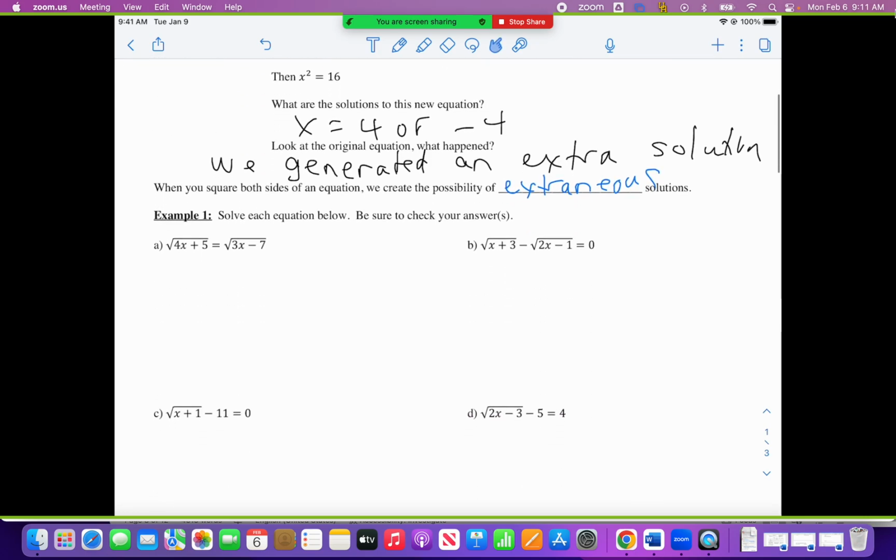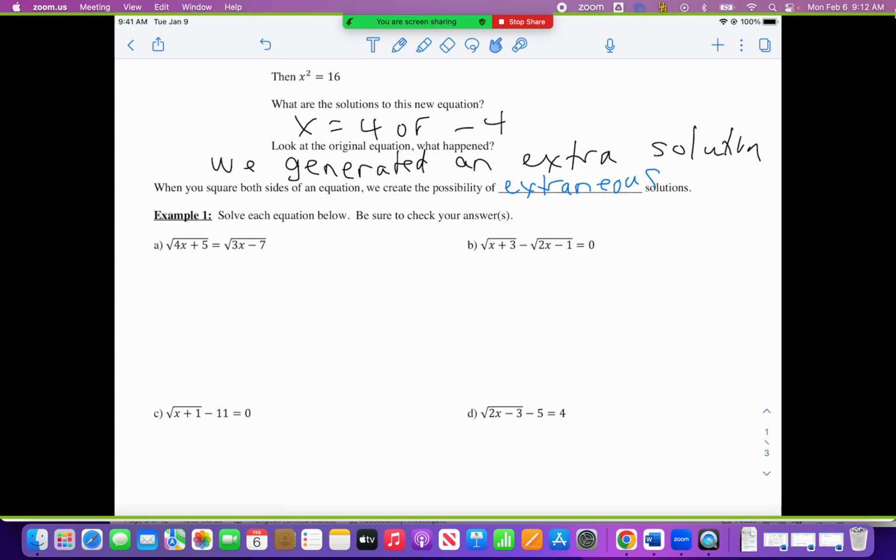So this is true with squaring both sides of an equation. So in example 1, when you want to square both sides, you have to be sure when you're done that you check your solutions.